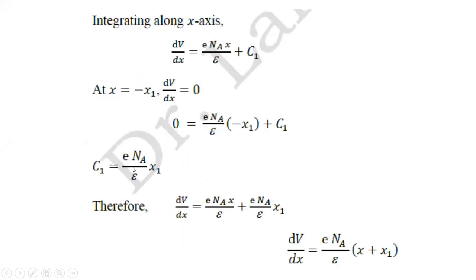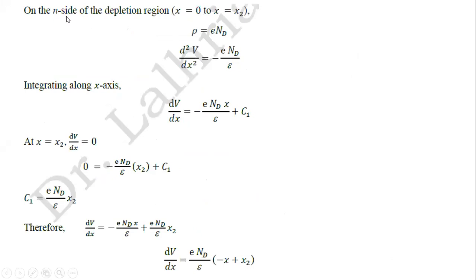Okay. Now coming to the inside of the region, we know that the region is between x equal to 0 and x equal to x2, and the charge density, like I described before, is the donor atom density times the unit of charge, that is 1.6 times 10 to the power minus 19 coulomb, into the number of donor atoms per unit volume, Nd.